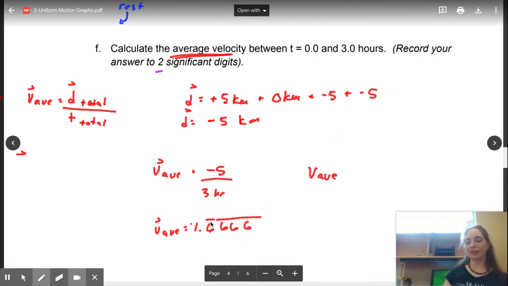And you also got yourself a negative number. All right. So, we need to round this. We want 2 sig digs, so that 6 is going to round that up. That's 2 sig digs. Your units are kilometers per hour. And we have a negative, and the object is initially moving east. So that is going to give you a direction of west.